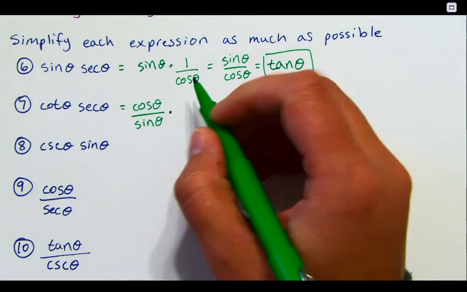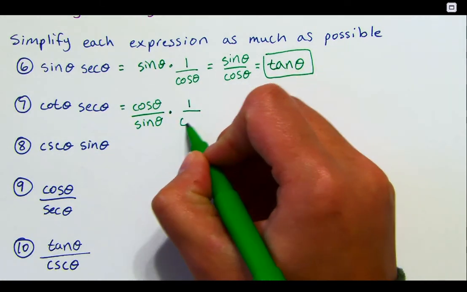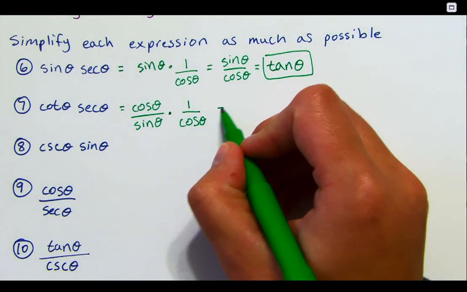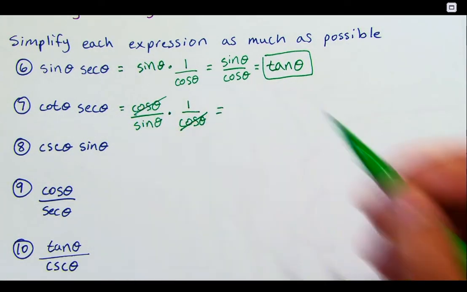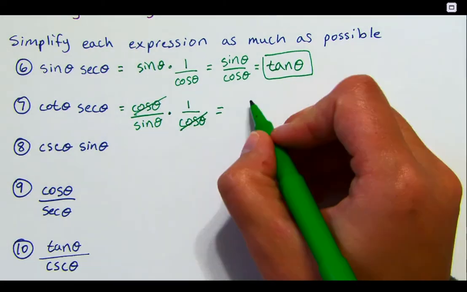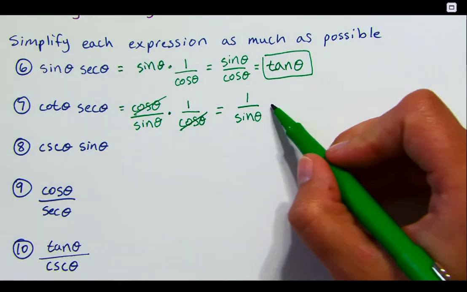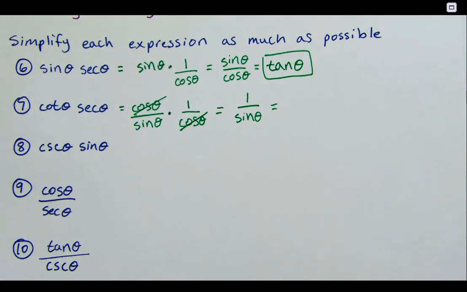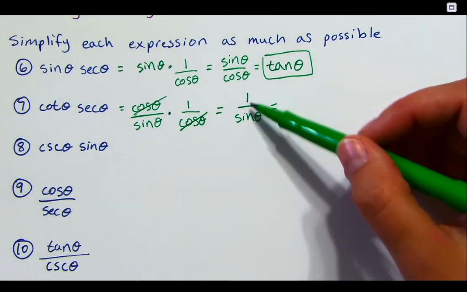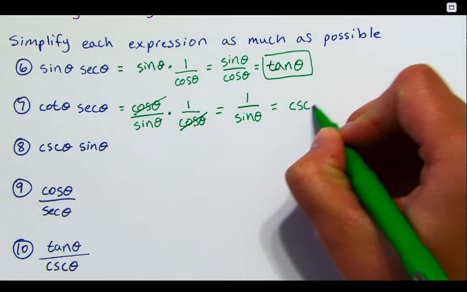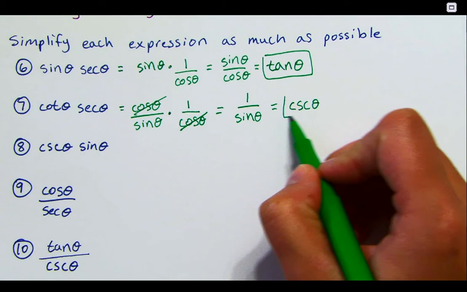So this will be times 1 over cosine theta. Okay. And then that means that I can cross-reduce my cosines, since it's multiplication. So I'm going to have 1 over sine theta. And for something to be considered simplified, we don't want a fraction, so then I'm going to rewrite this using the reciprocal function of cosecant theta. So this will be my final answer.